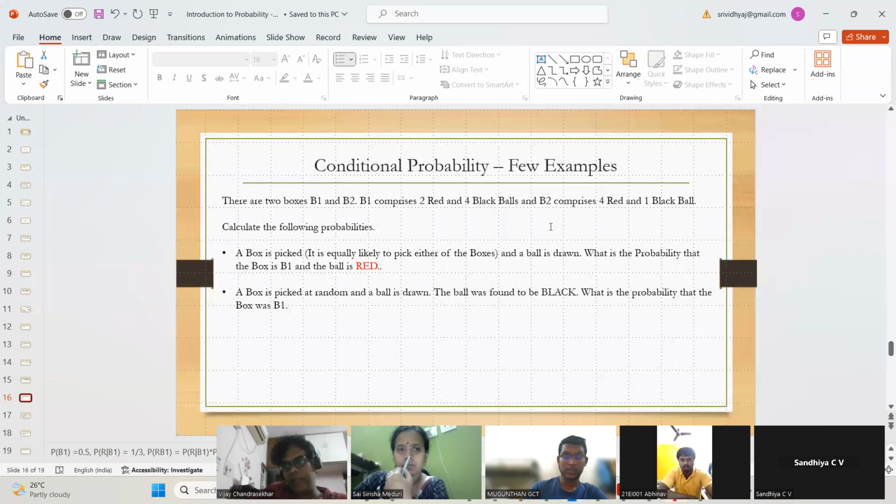How do you frame it in notational terms? Intersection. Probability of B1 given R. No? Read it again. What does it say? What is the probability that the box is B1 and the ball is red? It doesn't say given the ball is red. B1 intersection R. Exactly, right?